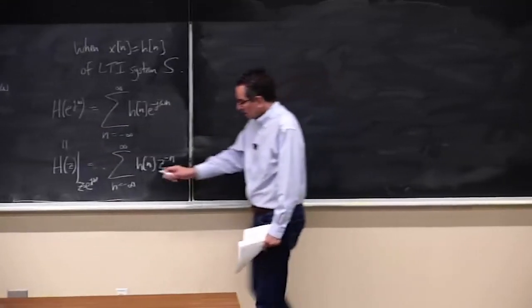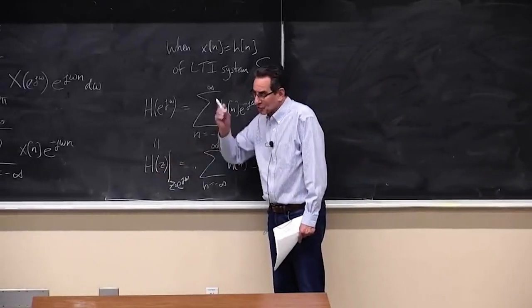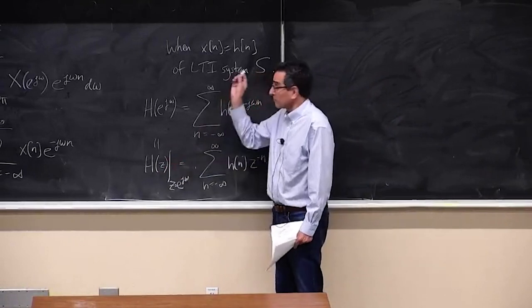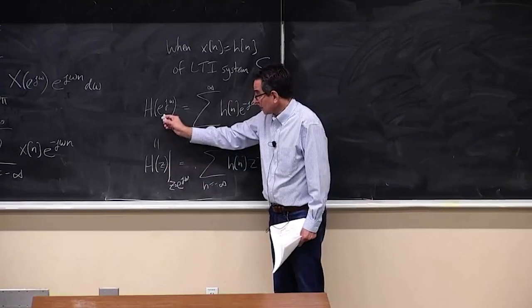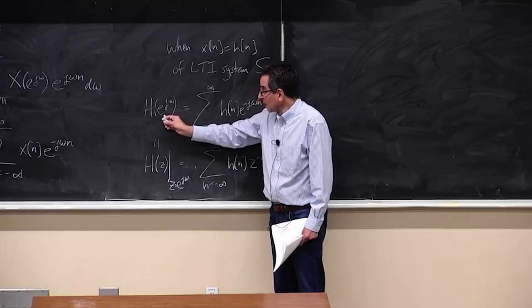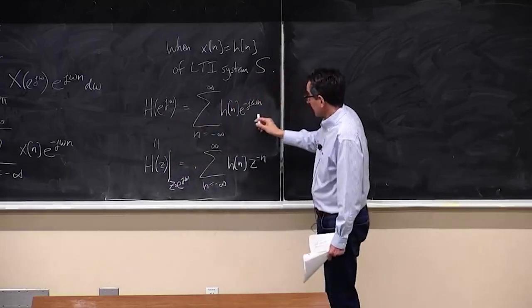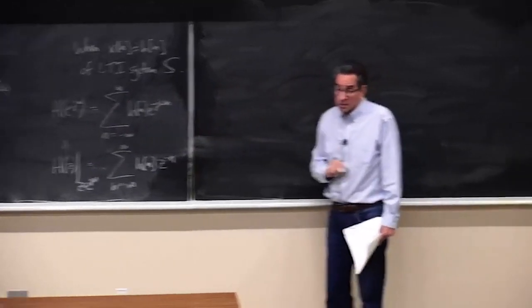So we can evaluate this, right? This is the eigenfunction scalar, the eigenvalue associated with z to the n for that LTI system. This is the eigenvalue associated with e to the j omega n. And so we just substitute z equals e to the j omega. So we've actually seen it before.